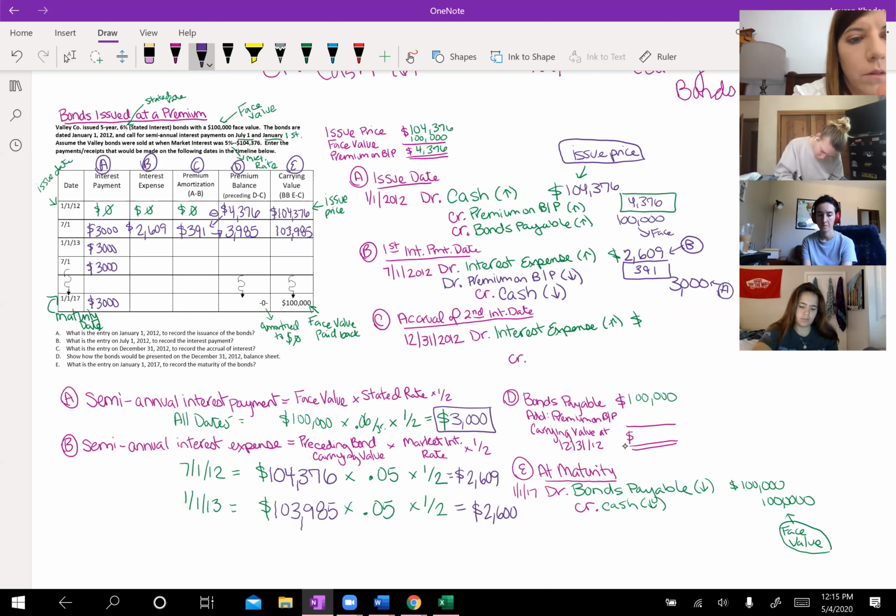It's just a fluke. 2,600 in interest expense. So our amortization this period is 400. The premium balance is further reduced to what? 3,585. And now my bond carrying value is reduced a little bit more to 103,585.